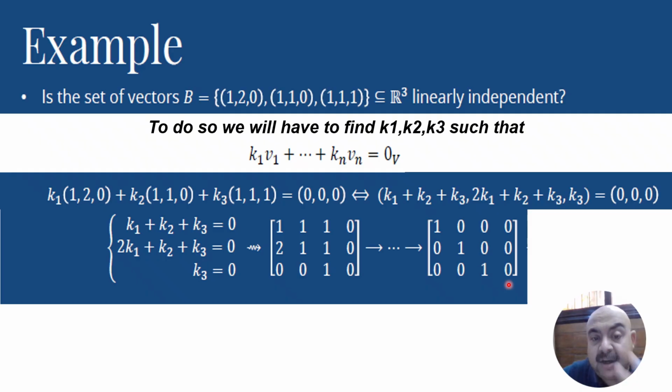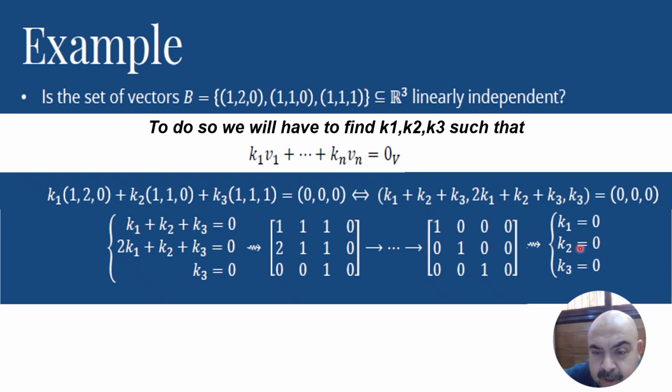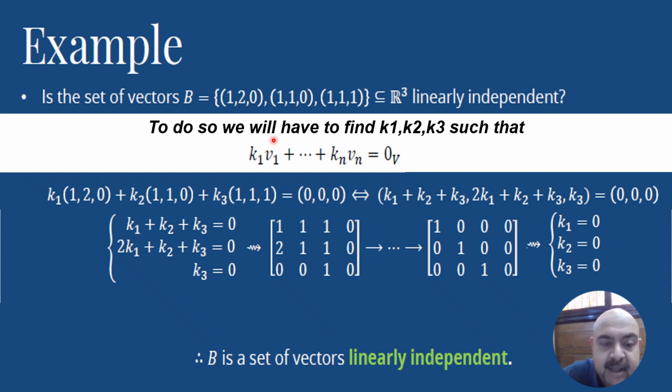And the rank is equal to 3, which is the number of the variables, k1, k2, k3. Those are my coefficients. And the only solution is k1 equals 0, k2 equals 0, and k3 equals 0. And this, my friends, means that this system of vectors is linearly independent.